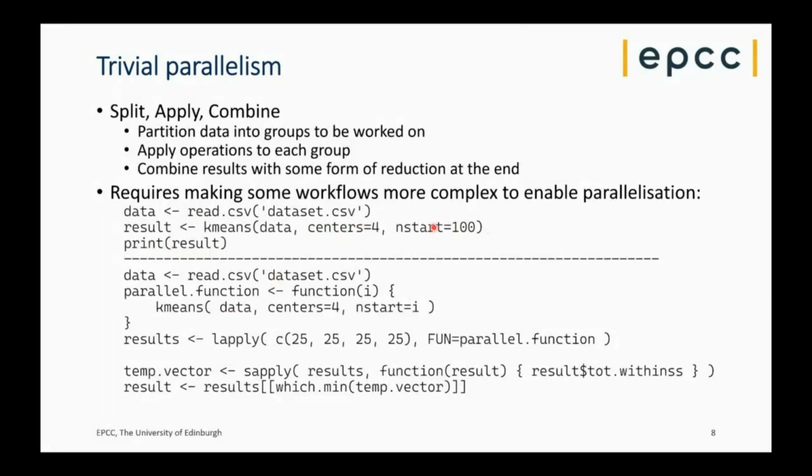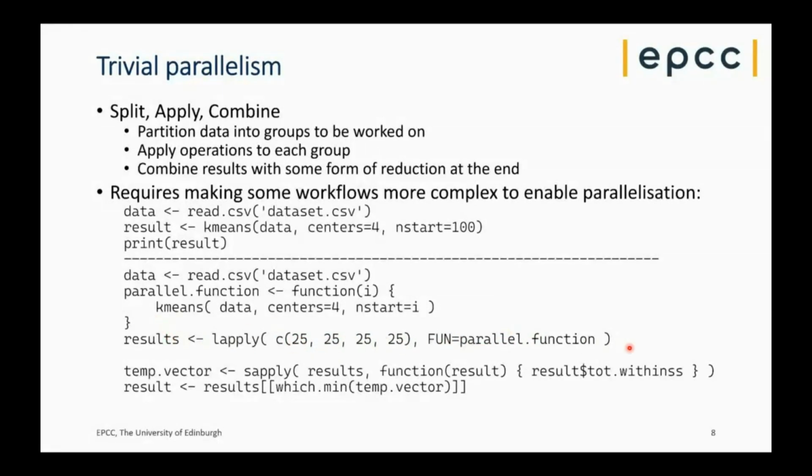And here, instead of doing 100 iterations of this, what I'm going to do in the parallel version is create a parallel function which applies k-means on the data set with a given number, this nstart, and then use the R function lapply, list apply, to say, okay, for this function, run it 4 times and pass in the number 25 each time you run it.